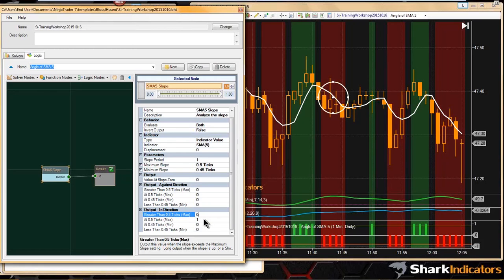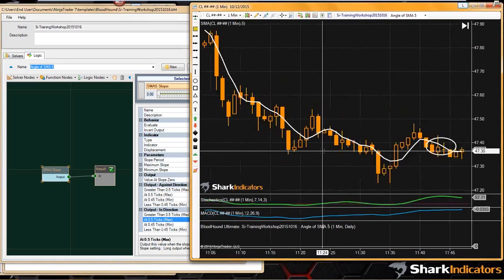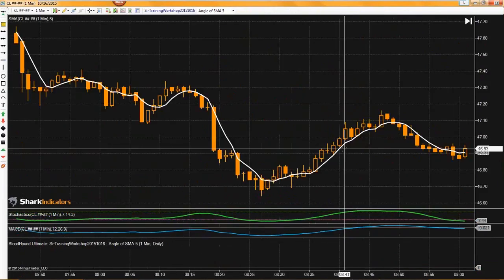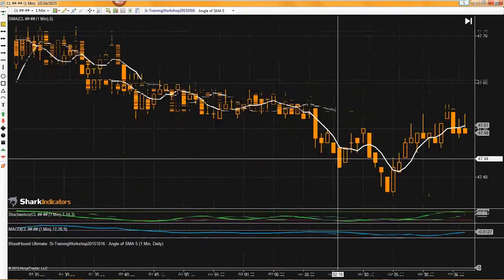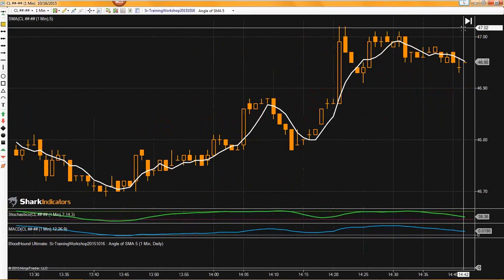So we're going to turn that off. What we're looking for is when the angle is at 0.5. This will find an angle exactly at 0.5, which, let's see, I'll take a quick look through the chart. I doubt we're going to get anything. Yeah, we're not getting anything.